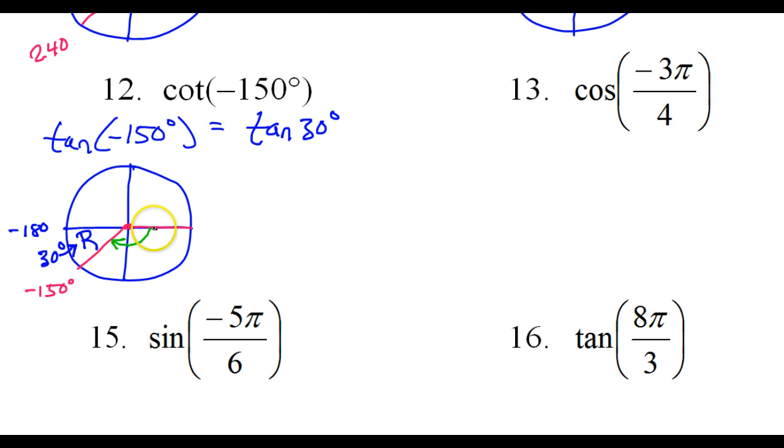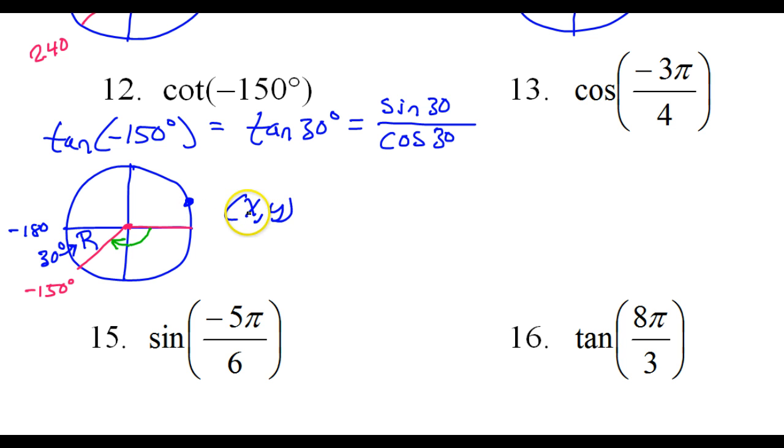Now, to figure out whether or not it needs a negative sign, let's just break it down as sine and cosine. That's how we'll figure it out. Tangent is sine over cosine. So tangent of 30 degrees is the sine of 30 degrees over the cosine of 30 degrees. Now in this quadrant, well, first let me say, on the unit circle, every point x comma y that's on this circle is of the form cosine comma sine.